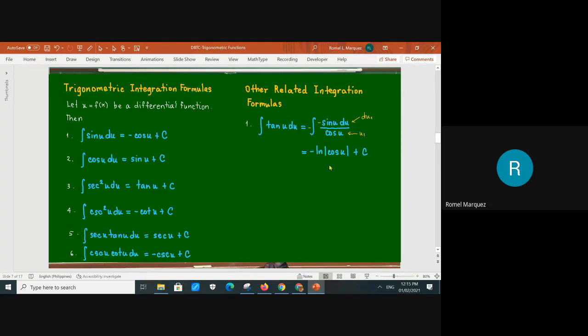Okay? Alternatively, you can have it as ln of secant u, because the negative can be an exponent of cosine, and once it has an exponent of negative 1, that is 1 over cosine, so cosine to the negative 1 is equal to secant u. Okay, guys? Plus c.